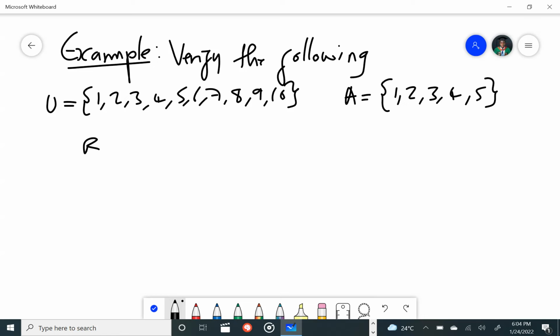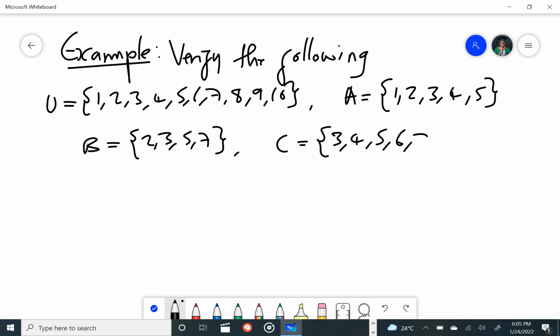Set B is 2, 3, 5, 7. And C is 3, 4, 5, 6, 7, 8.